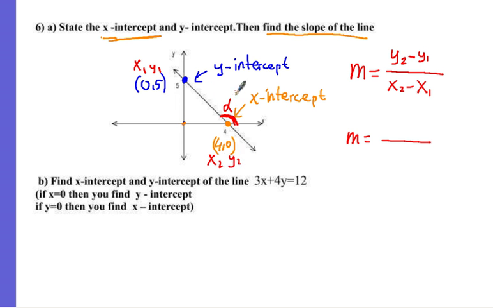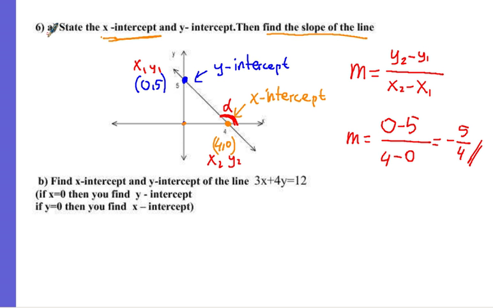It doesn't matter which point you take as the first point. So y2 minus y1, it is 0 minus 5, and x2 is 4, x1 is equal to 0. Slope is negative 5 over 4.